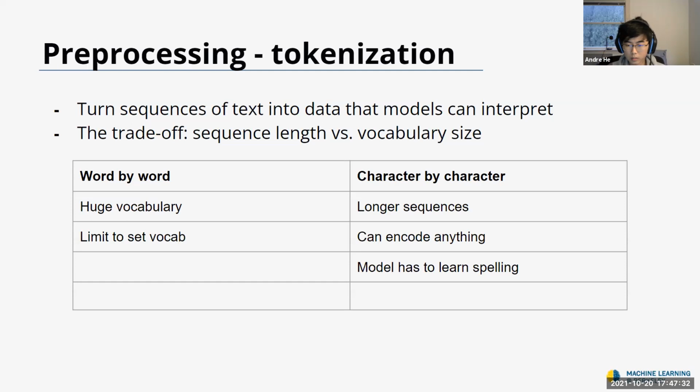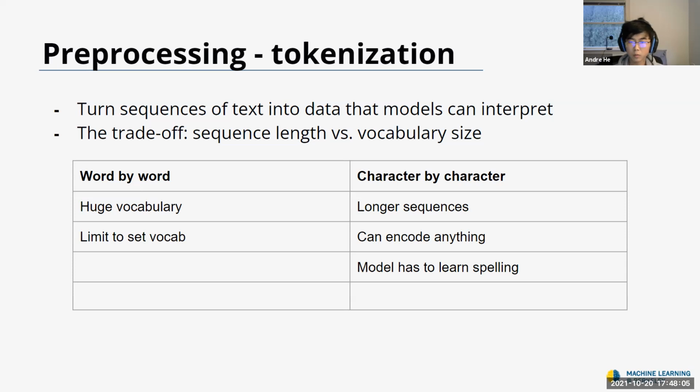The other way to do this is character by character. It's the same idea: every character is mapped to an integer, and then your network gets an embedding for that integer and processes it as a vector. There's a trade-off here. If you make the tokens more fine-grained, like character by character, you'll have a smaller vocabulary size because there are fewer characters than combinations of them, but your sequences will all be very long.